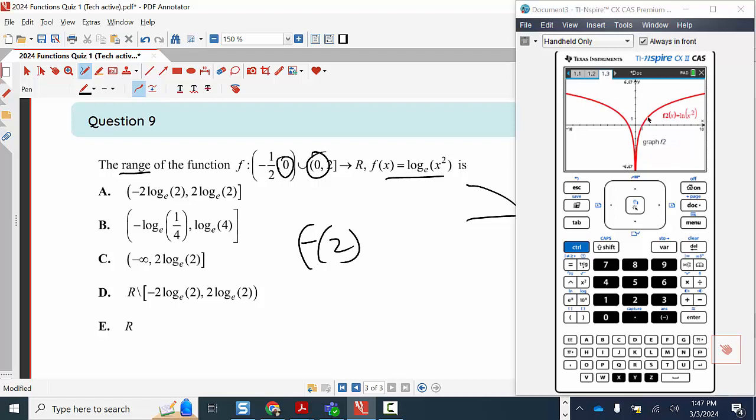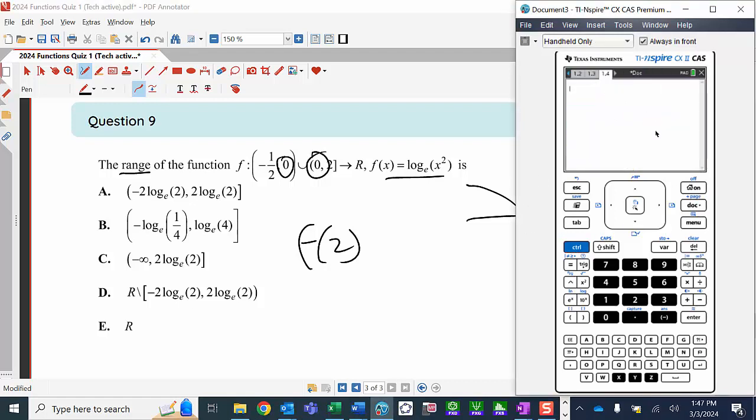So let's just try it. Control and doc, calculator, define f of x equals ln x squared. If I put in 2, f of 2, let's get the decimal approximation, 1.3. Put in f of -1/2.